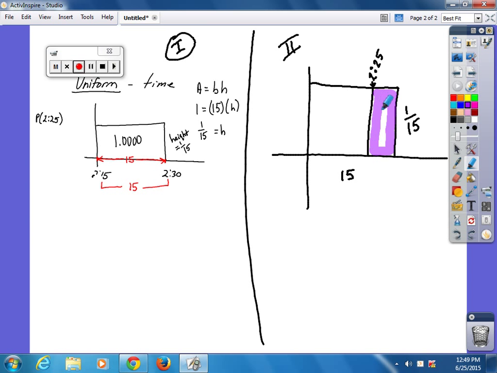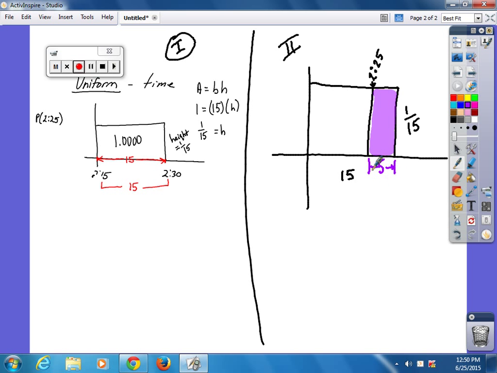Usually most of your wanted areas are going to be shaded like that. So, all we have to do is multiply this distance times this. Well, what is this distance? 5. Good. Pretty simple. That distance right there is 5 from here to here.